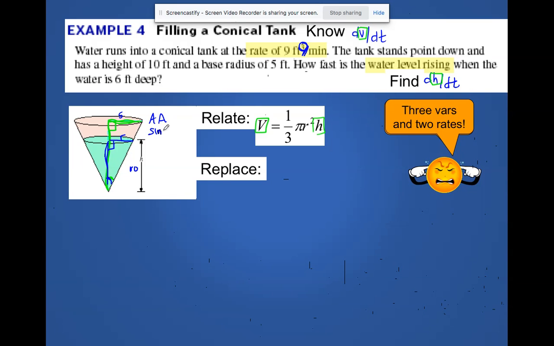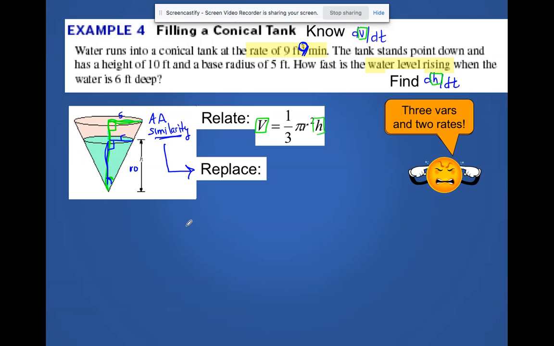From geometry, it was proven that if two triangles have two equal angles, you cannot prove them congruent, but they are similar, and similar triangles have their sides in proportion. That's how I'm going to replace a variable. Now, there's lots of different ways this might happen.